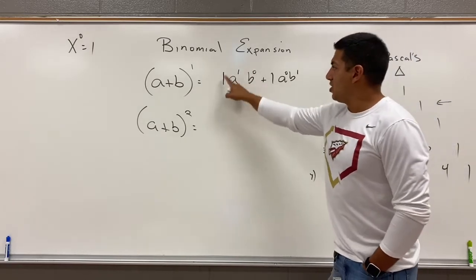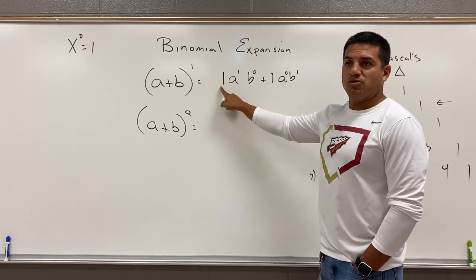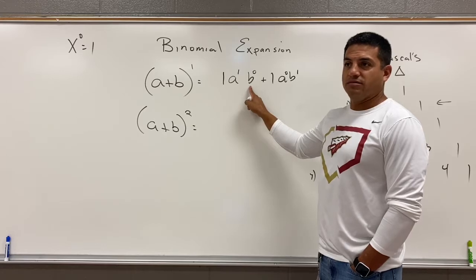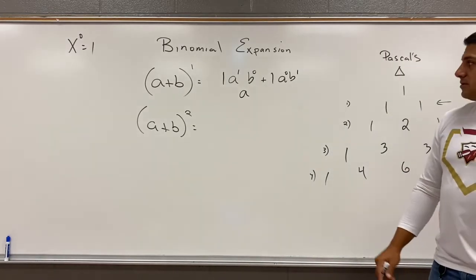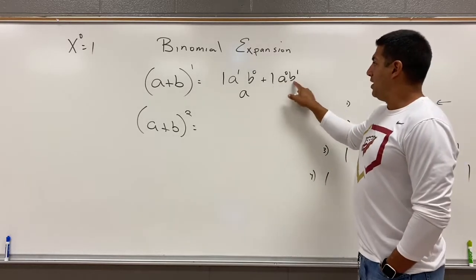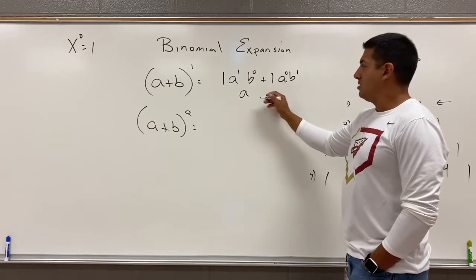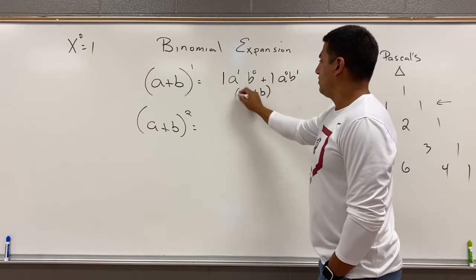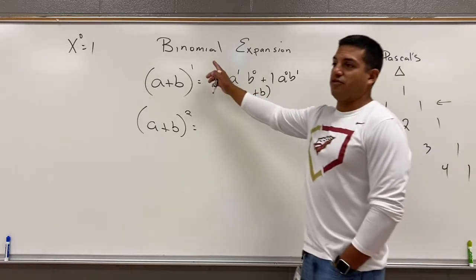So essentially, what do we have here? A to the first power is just A, times 1 is what? Just A. And then B to the first power is B, times 1 just gives us this A plus B. And I know that was a ton of work that was very unnecessary to raise something to the first power.